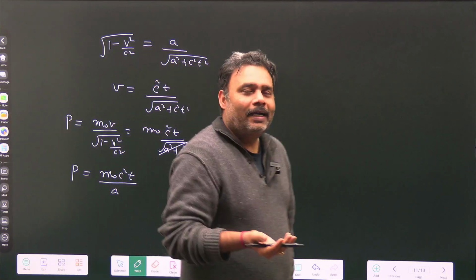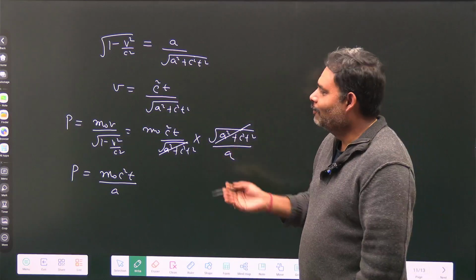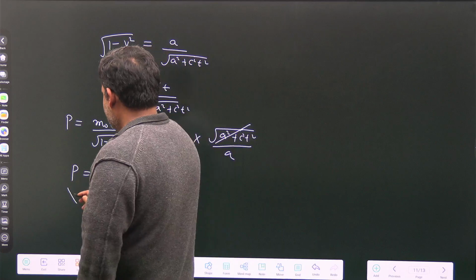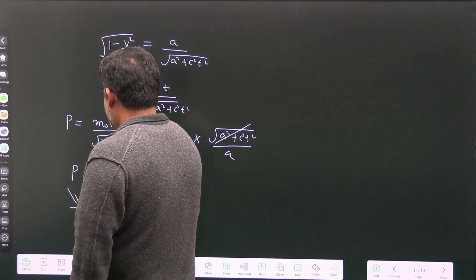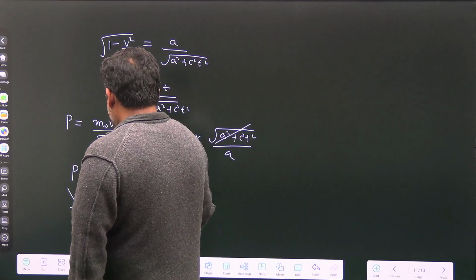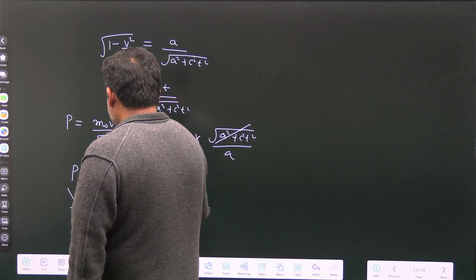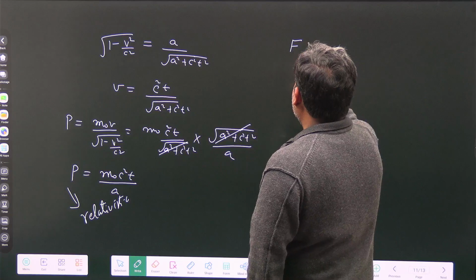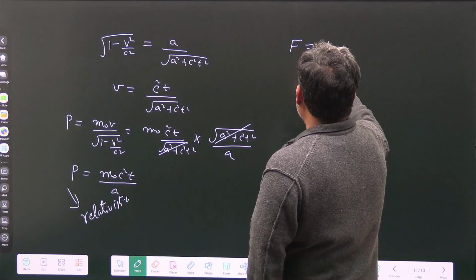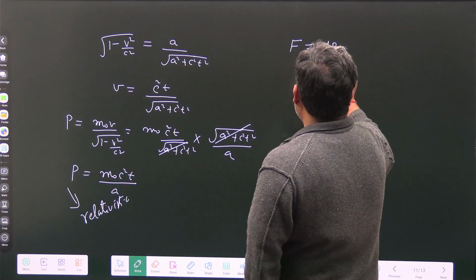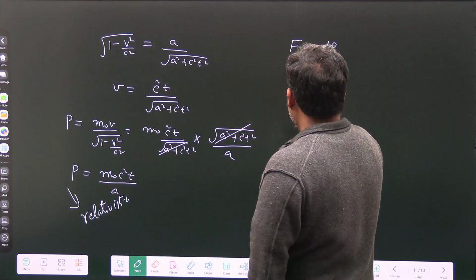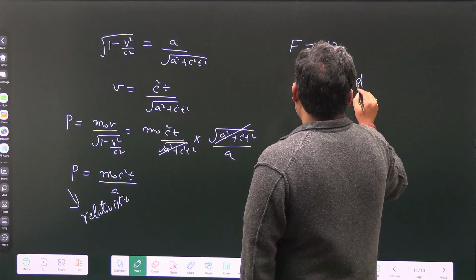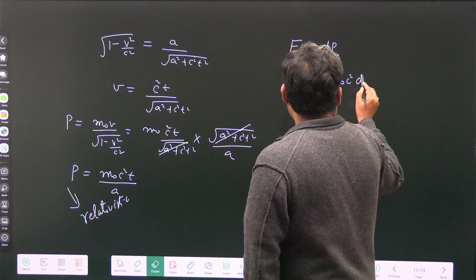So once you find the momentum, then obviously what will be the rate of change of momentum, and this is nothing but the relativistic momentum. So this is very interesting. This is nothing but what? Relativistic momentum. So this is my value of momentum, and we know what the force is. The law of nature will always remain the same. So that value is dp upon dt, and from there we can get m naught c square, and we can easily differentiate this one.